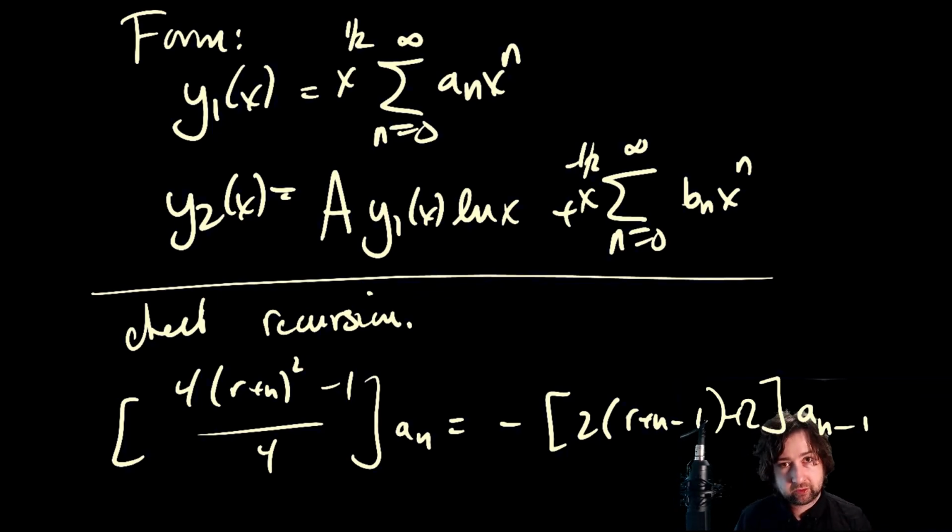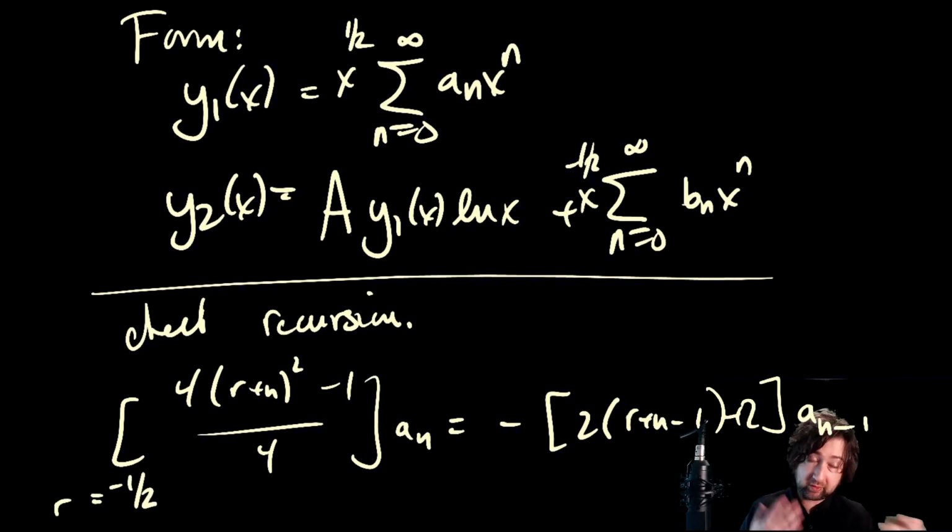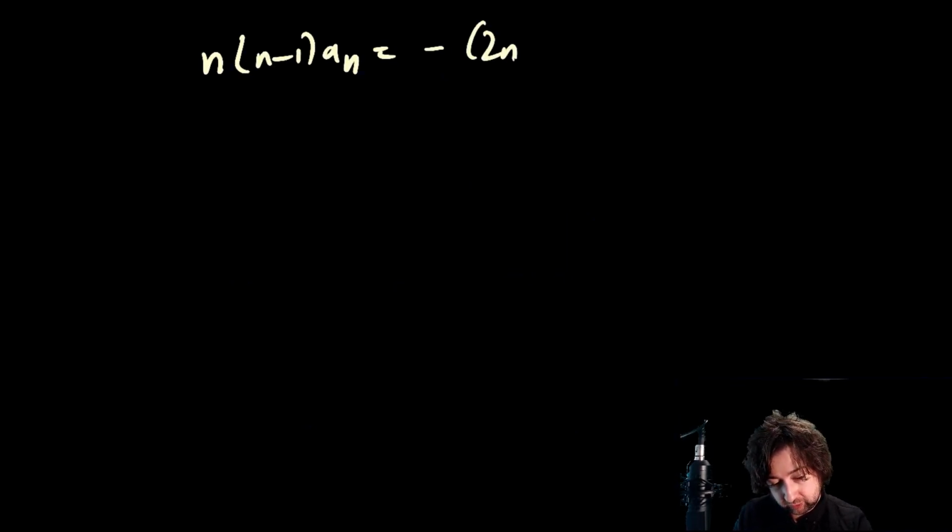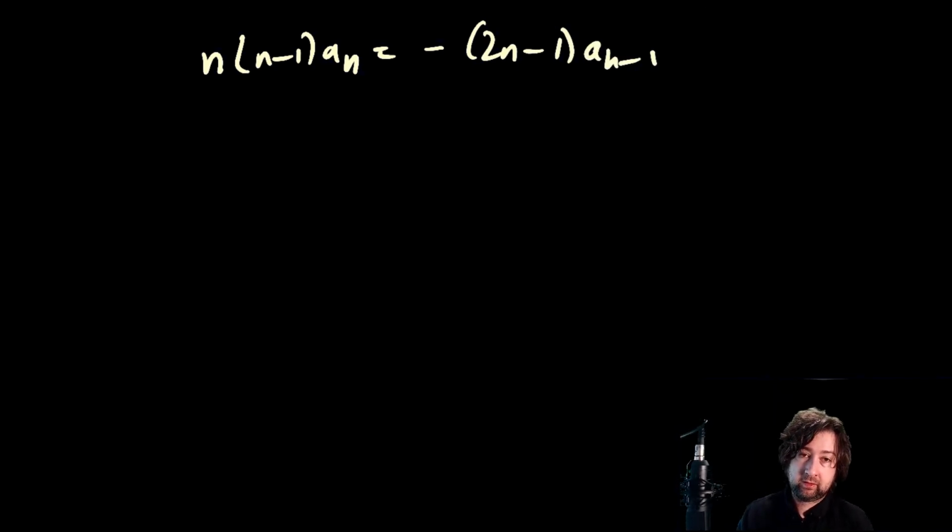And when you take that recursion and put in r equals minus 1/2, because that's what we're trying to check to see if we can use to find a second Frobenius solution, all of that turns into the recursion n times (n minus 1) an is equal to minus (2n minus 1) an minus 1. So this is the recurrence relation that goes with r equals minus 1/2. And it will either work or it's not going to work.